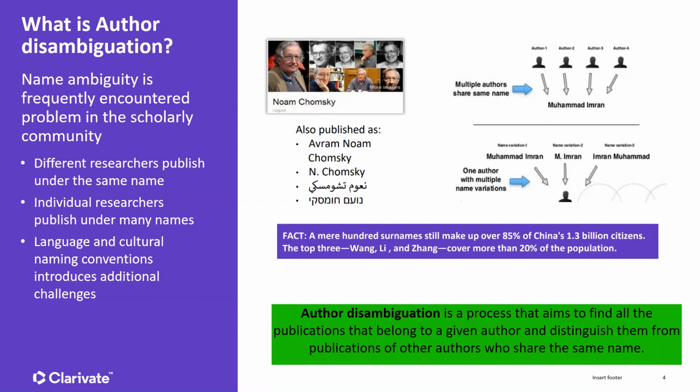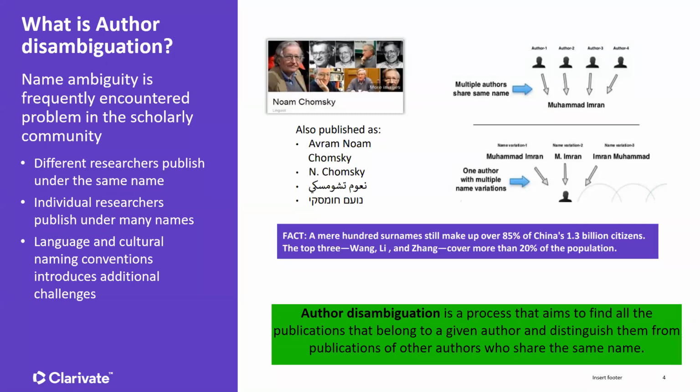So we also have the scenario where multiple authors share the same name. And it's not just in other regions; even within Southern Africa, many researchers have the same initial and same surname, sometimes even from the same field, or the same name and surname. And once again, they could be from the same field. And we also have scenarios where one author will have multiple name variants, as in the first example.